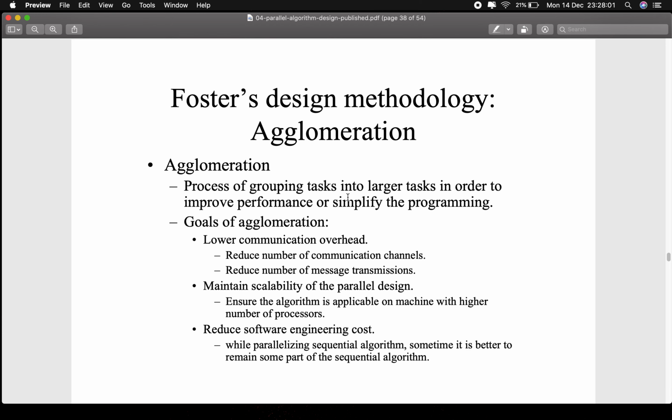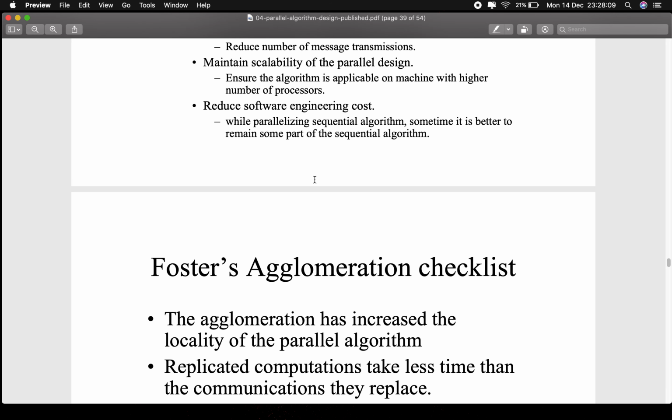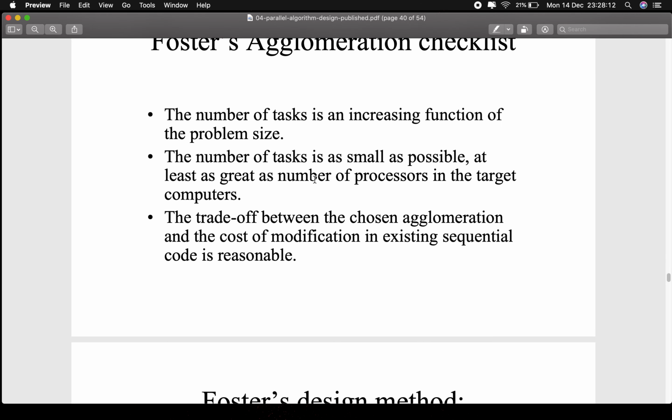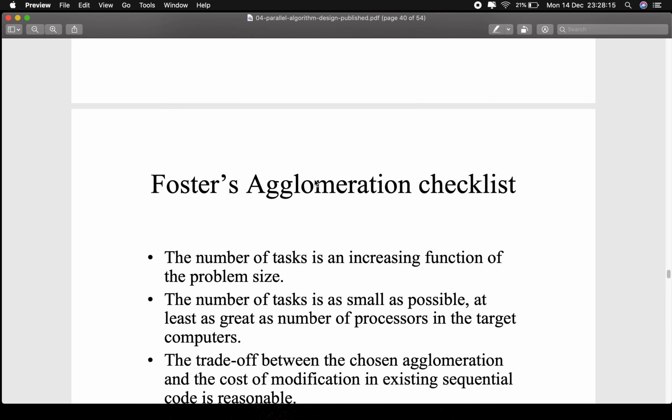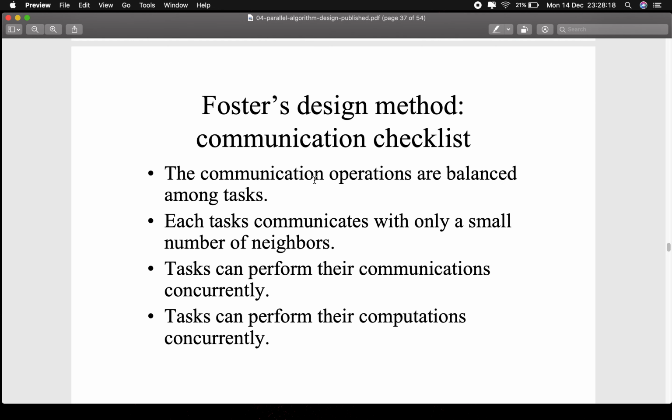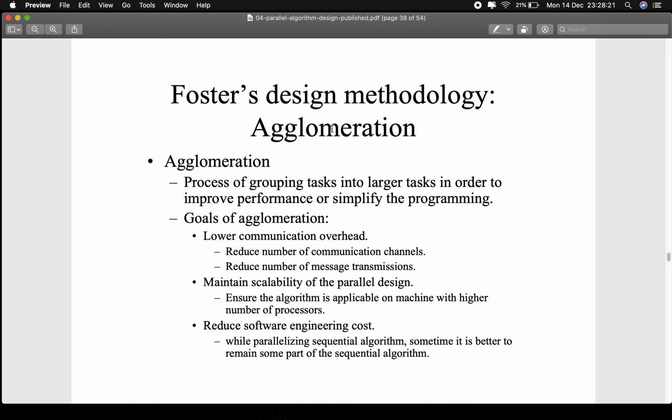Now you look at the third method, which is agglomeration. Under agglomeration, you will see it is similar to both methods previously. So let's check one by one. Agglomeration is basically a process of grouping tasks into larger tasks in order to improve performance, or to simplify your programming or your application.